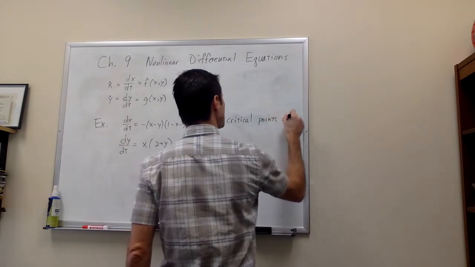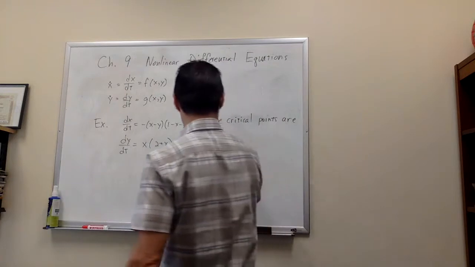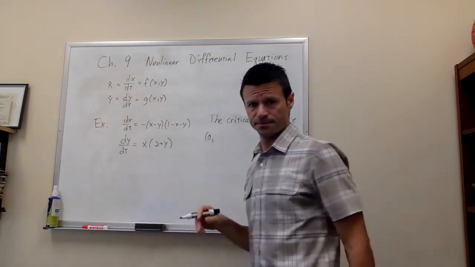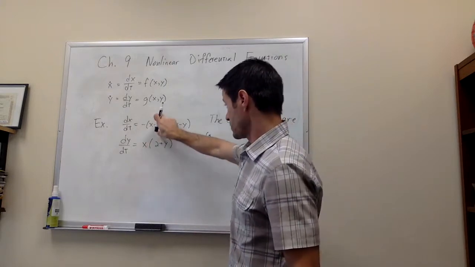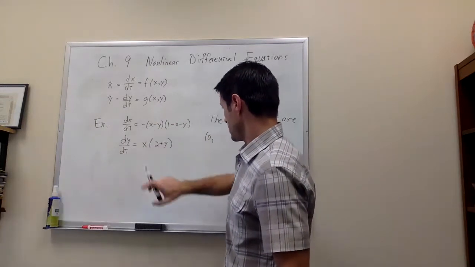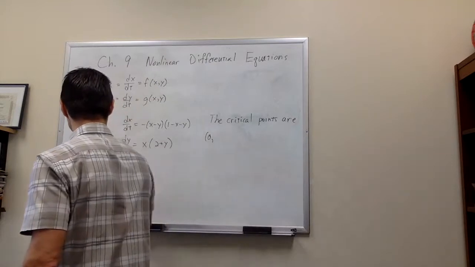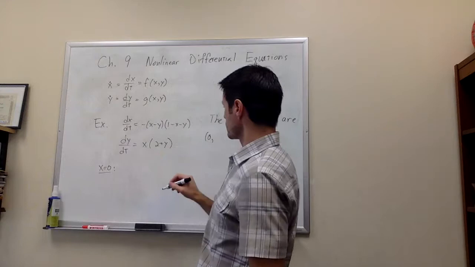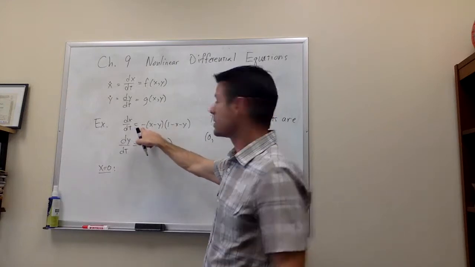Let me first write down the critical points for this system. If x is 0, we can pretty much do this in our head. I plug that into the first equation, and this minus sign I can wipe away if I'm setting it equal to 0.